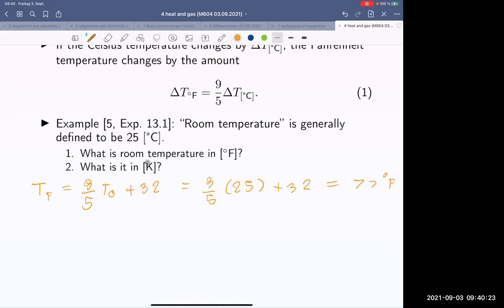Don't be trained to write the small circle in front of K for the units of temperature. For temperature in Kelvin, there will be no circle at all.